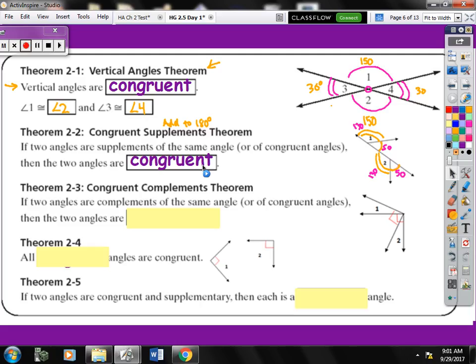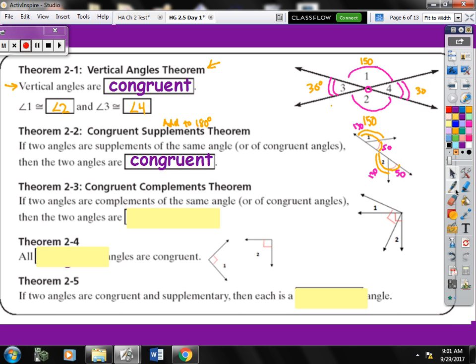The next one says if two angles are complements, which remember complements means that they sum to 90, of the same angle or of congruent angles, then the two angles themselves are congruent.